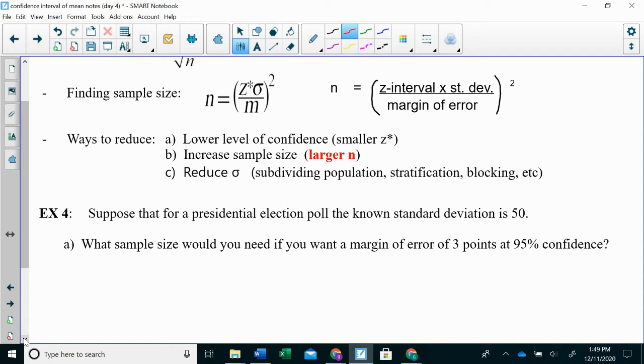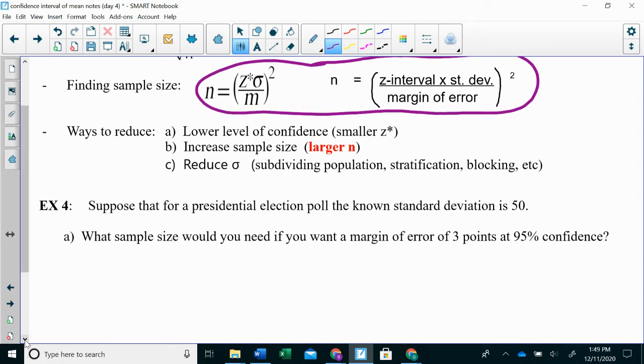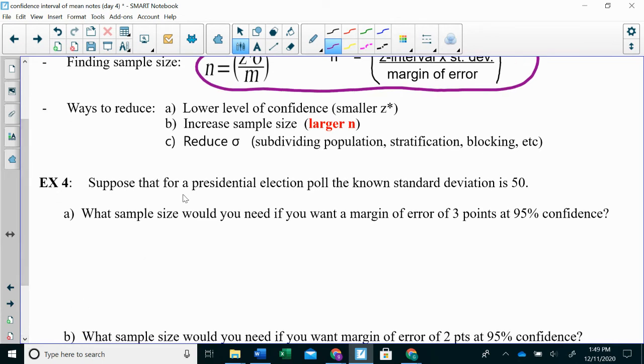Right, so we're going to basically just be using this form that I'm circling now, that form of our margin of error concept. So we've had our recent presidential election. So suppose that for a presidential election poll, the known standard deviation is 50.